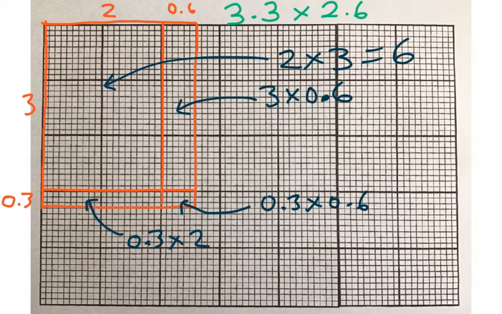Then looking at the next section of the array, we have 3 groups of 0.6, and in light blue I have just boxed out each group of 0.6 so you can see it. So you can see the top row is 1 group of 0.6, then the next group of 0.6 is the middle one with the arrow in it, and then the third group of 0.6. So 3 of those would give us 1.8 when we add them together.